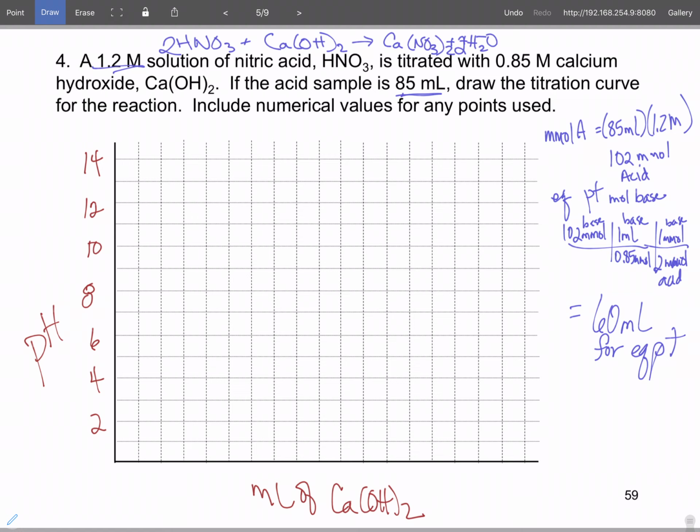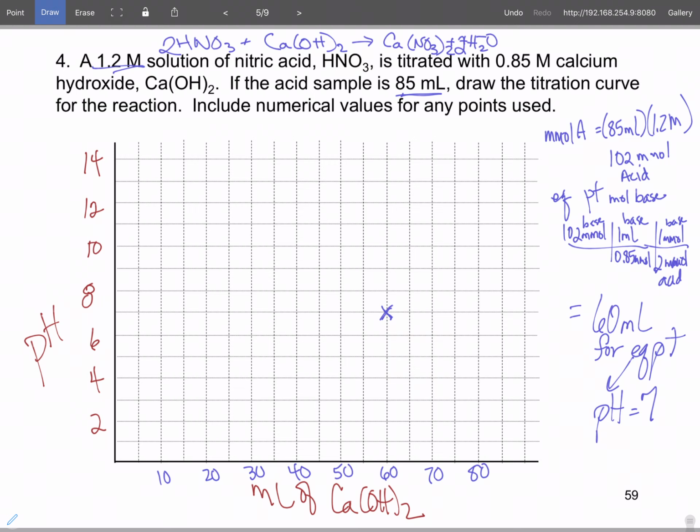Now here's the beauty of this one, is this is a strong, so the equivalence point has a pH equal to 7. So I can go ahead and put this one in. Well, because of my scale, I'll go ahead and do 5. So that's 10, 20, 30, 40, 50, 60, 70, 80, etc. So I know that at 60 milliliters, I'm going to have a pH of 7.